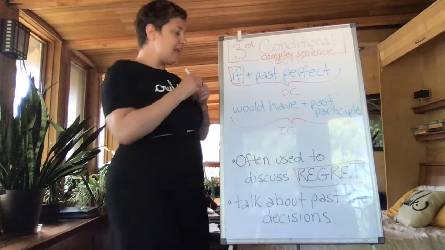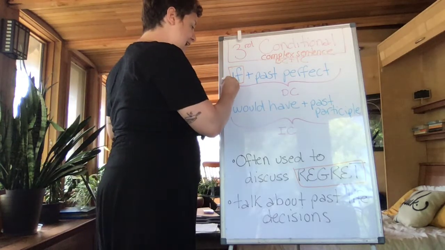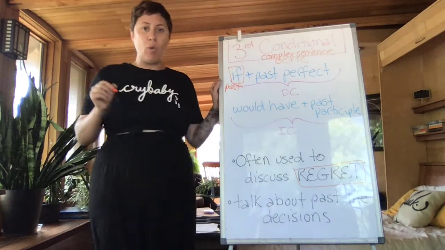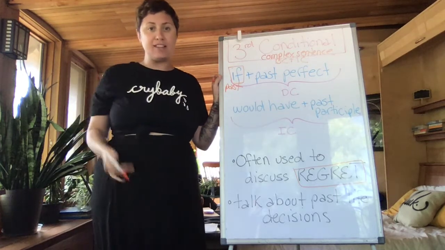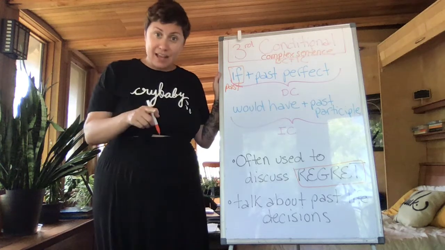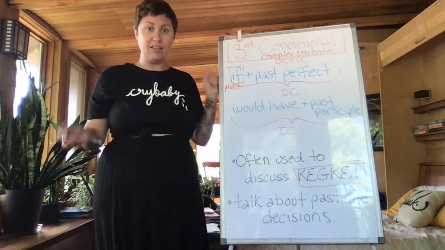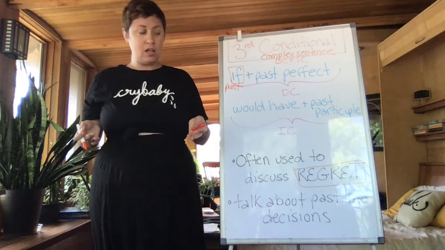So in the if clause, we're discussing an event in the past. And we're discussing what the past would look like if something different had happened than what actually happened.